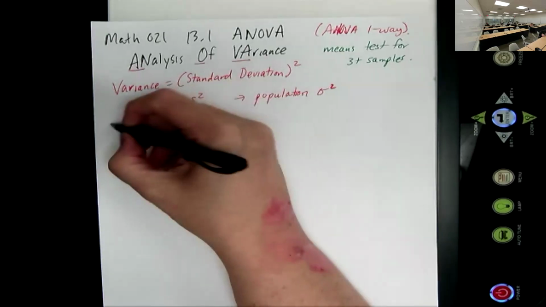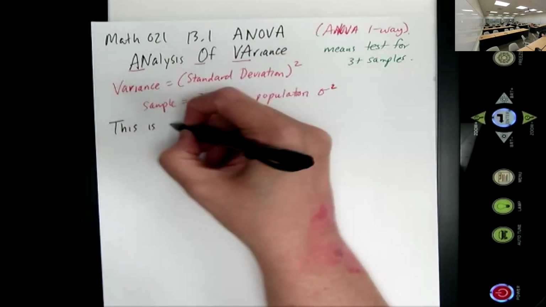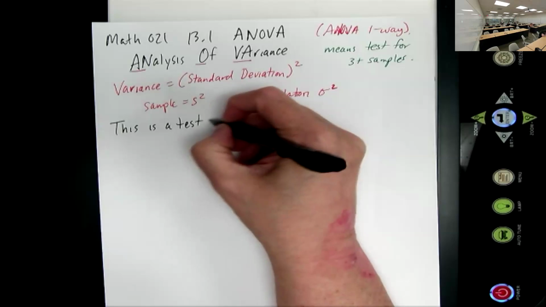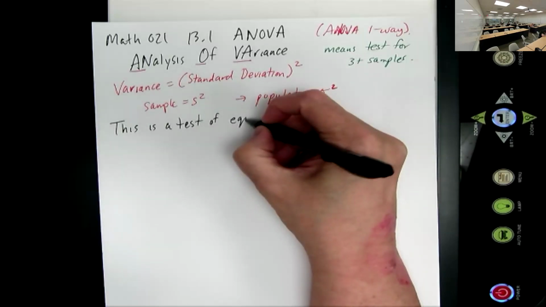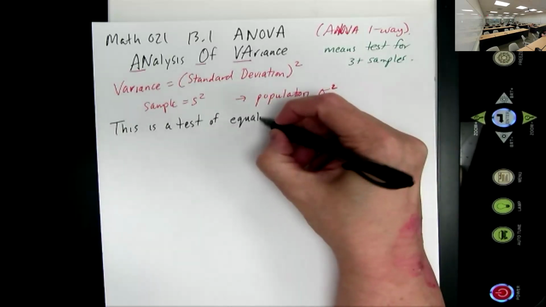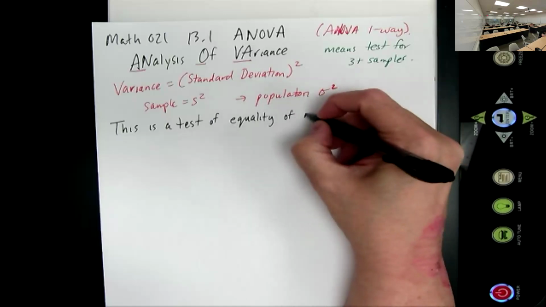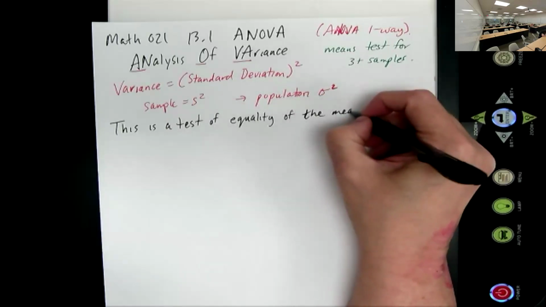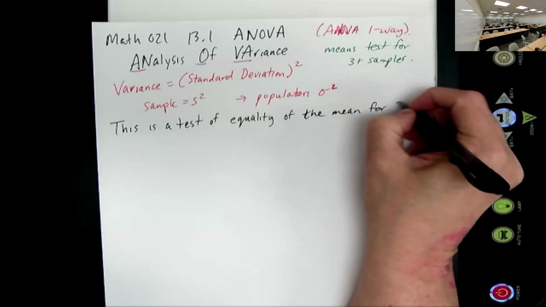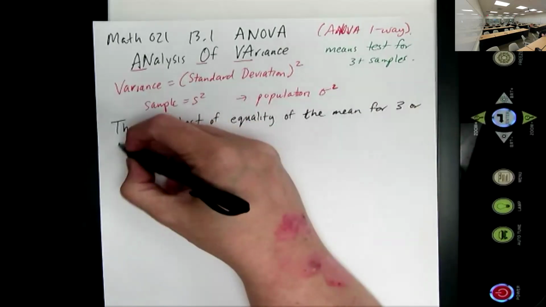This is a test of equality of means for 3 or more populations.